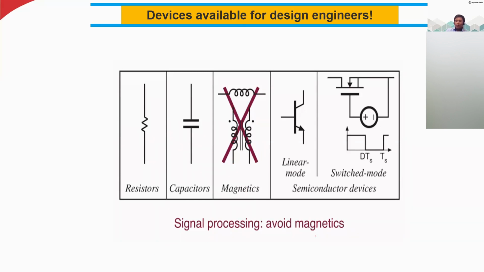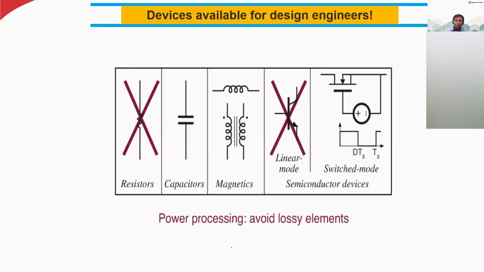So we try to avoid inductors to make the signal processing as efficient as possible. We also want to avoid resistors in our circuits, because a resistor is always making some voltage drop and consuming the energy, and it dissipates the energy in the form of heat, and you need a heat sink and so on.